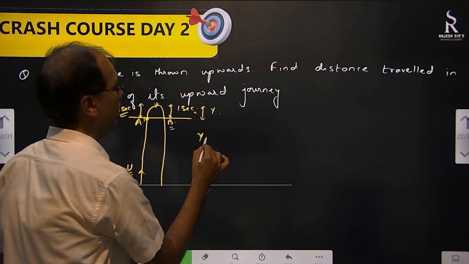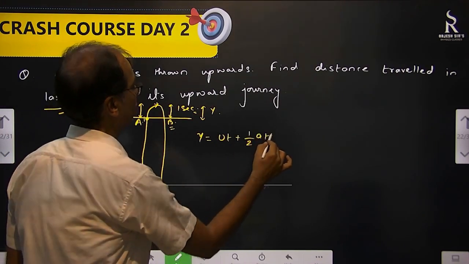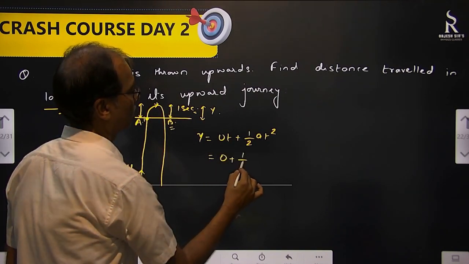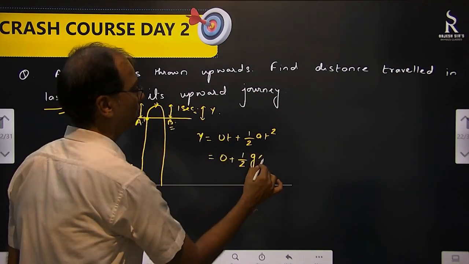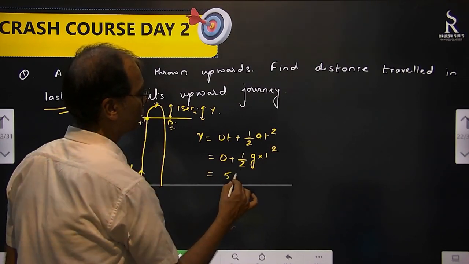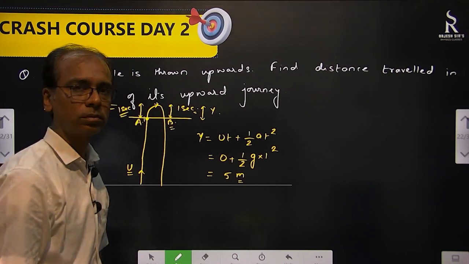What is y? ut plus half at square. What is u at the topmost point? 0. What is acceleration? g. And time? 1. So what is the answer? g by 2. That's 5 meter. Done. Correct.